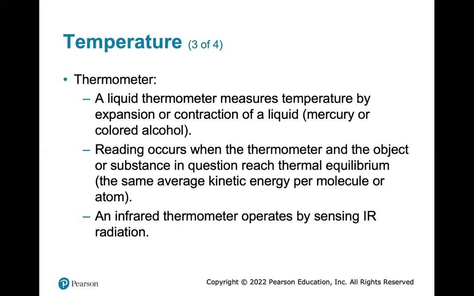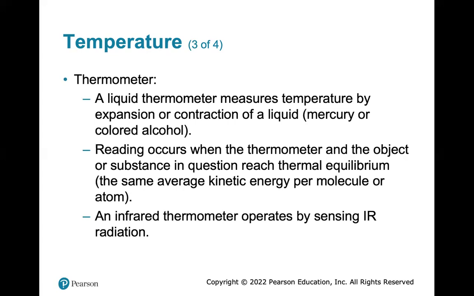Readings occur when the thermometer and the object or substance in question reach thermal equilibrium, the same average kinetic energy per molecule or atom. In other words, if you put a thermometer in a cold ice bath, they eventually reach equilibrium.